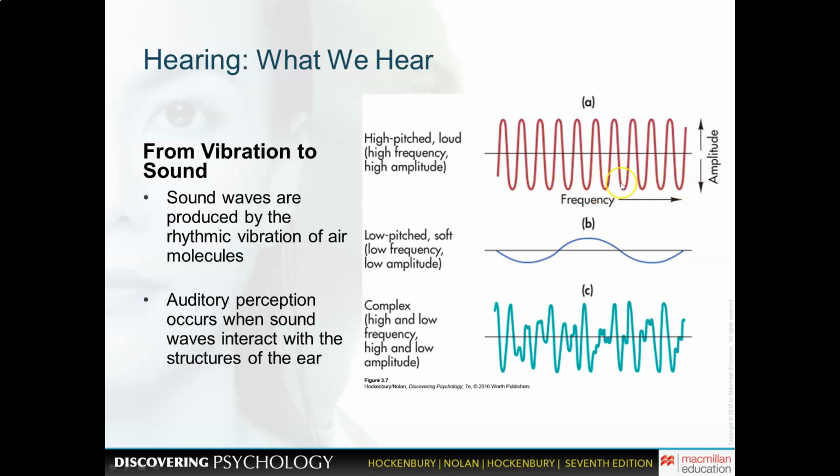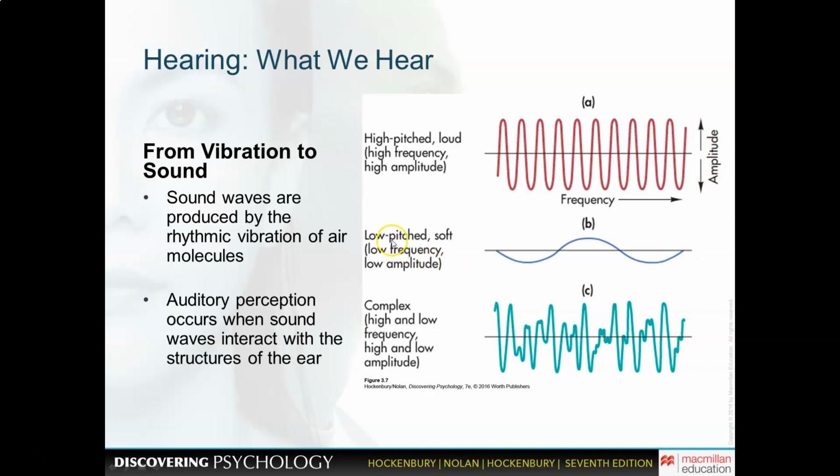You notice that the faster the waves are, the more frequently we perceive them, hence the word frequency. And how tall the waves are, that is called amplitude. Amplitude refers to how loud the sound is, hence the word amp, like a loud guitar amplifier or something like that. So amplitude refers to volume.